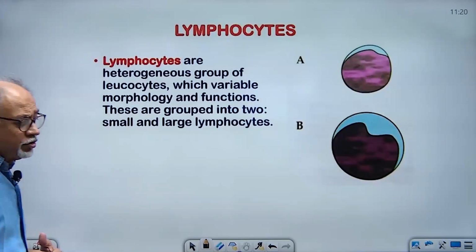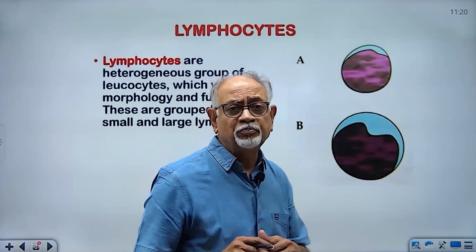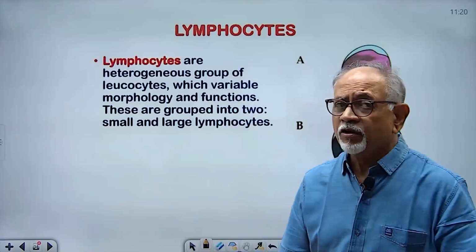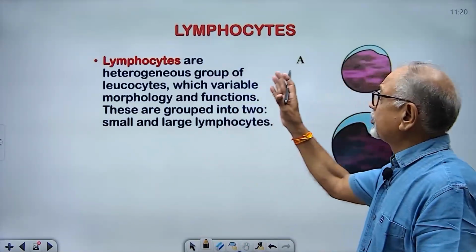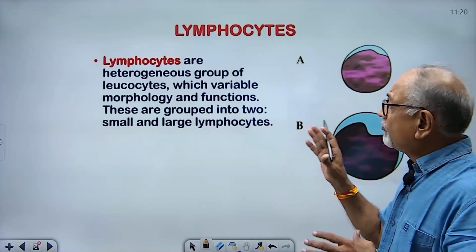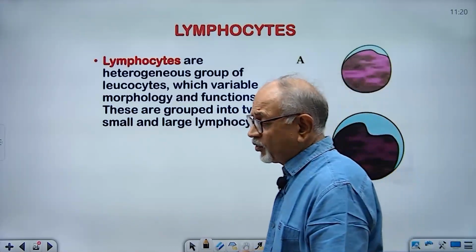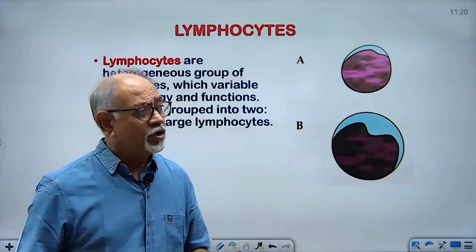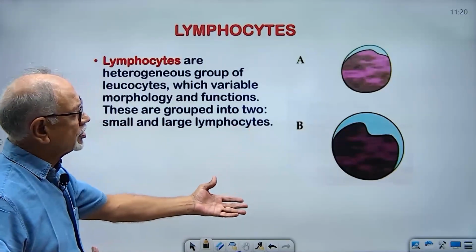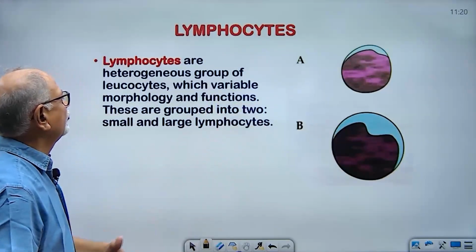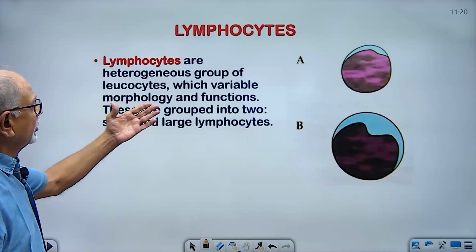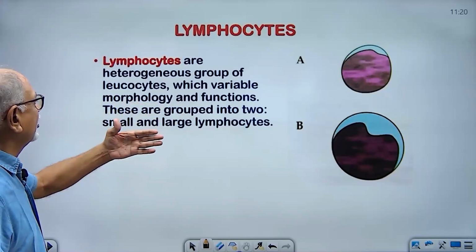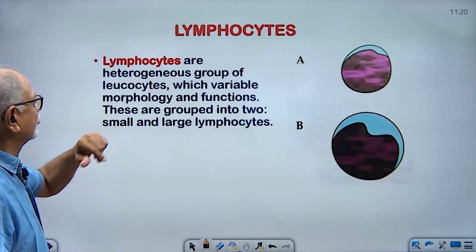Now coming on to the second agranular leukocyte, that is lymphocyte. Lymphocytes are heterogeneous group of leukocytes. Some are larger ones, some are smaller ones. Their morphology is variable, therefore they are called as heterogeneous group.